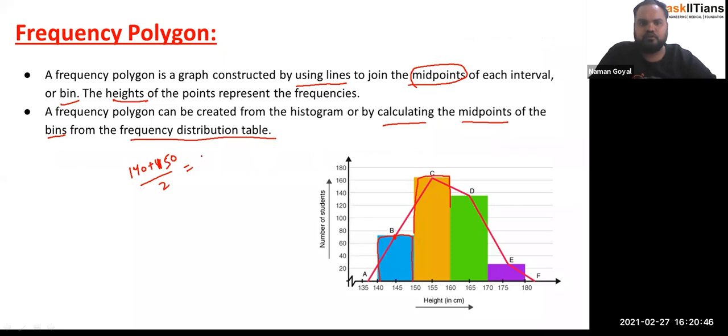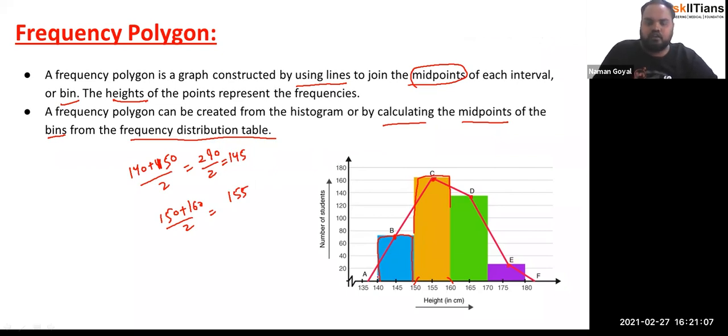So it will be 290 divided by 2, which is 145. So 145 is the midpoint. Similarly for 150 to 160, 150 plus 160 upon 2, how much is it? If you solve this, you will get 155 as the midpoint. Same for this one and this one.